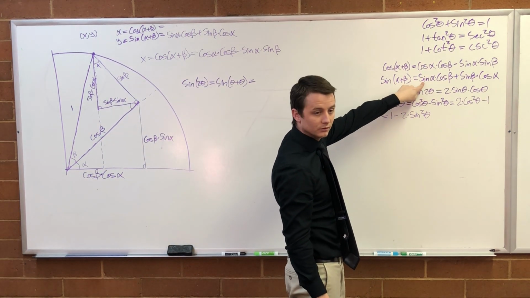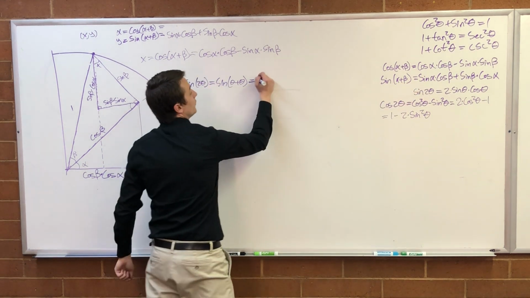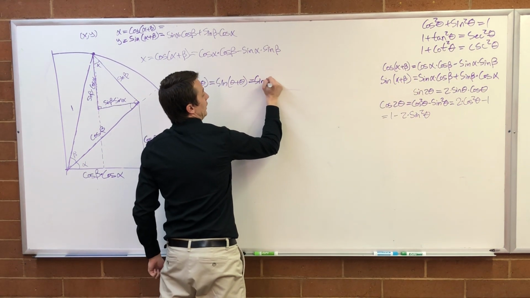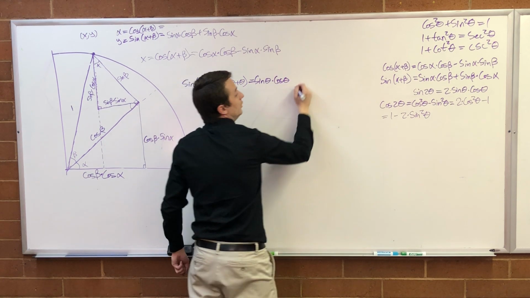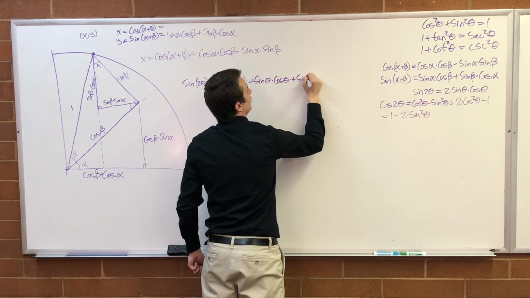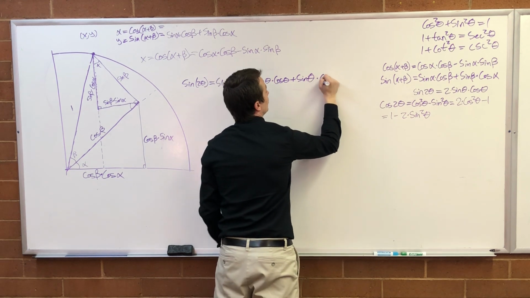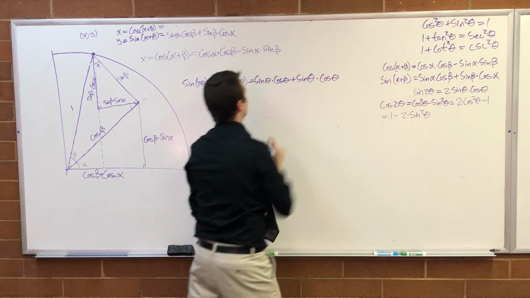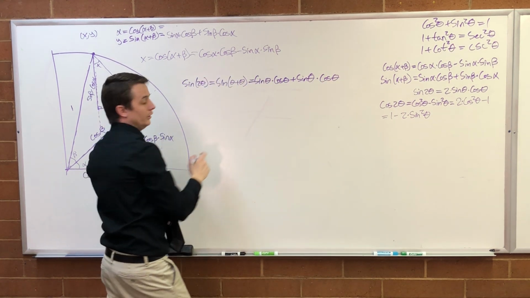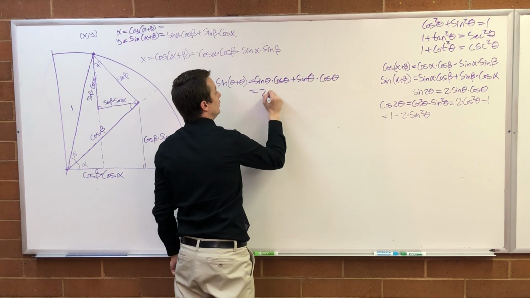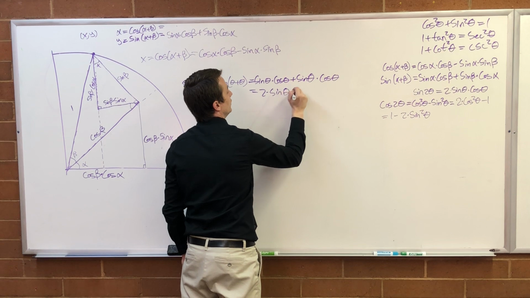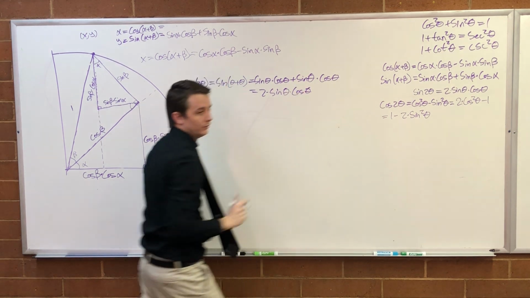So it equals sine of my first angle times cosine of my second angle plus sine of my second angle times cosine of my first angle. Which is equal to, notice that those are the same thing, so I have two of them: 2 sine of theta cosine theta. Follow that?